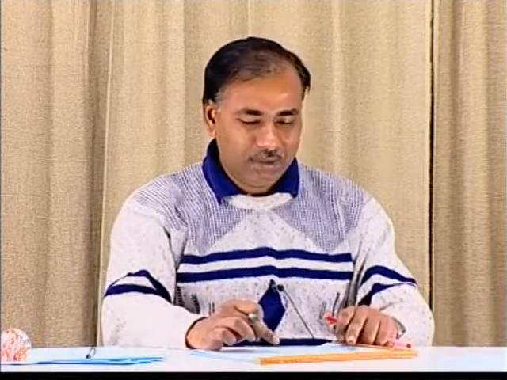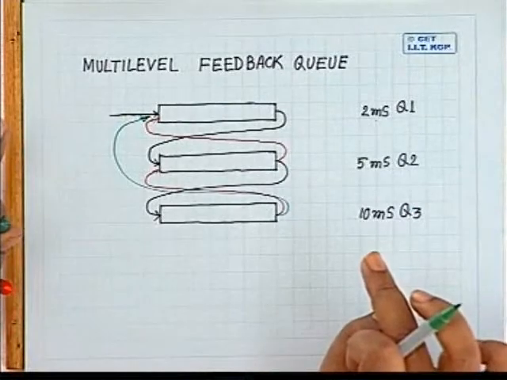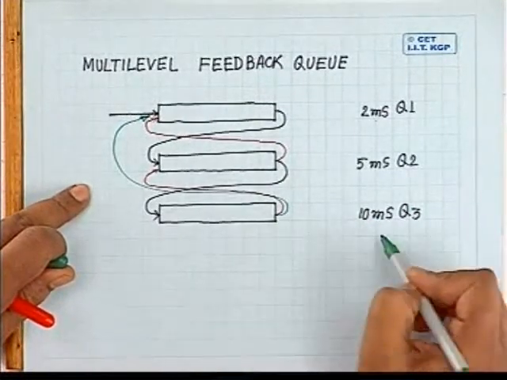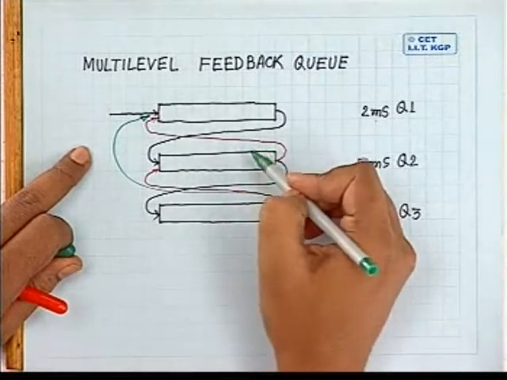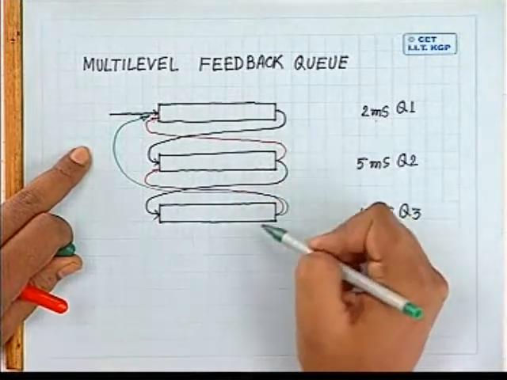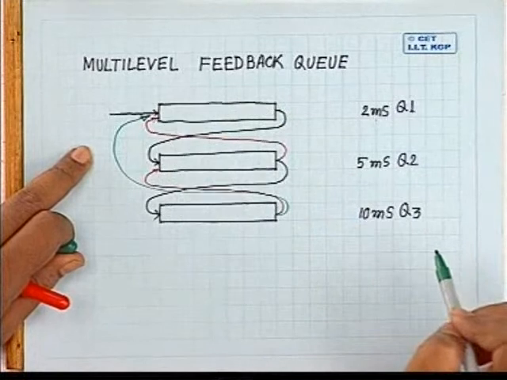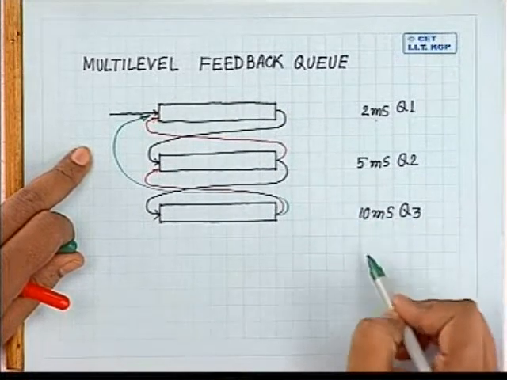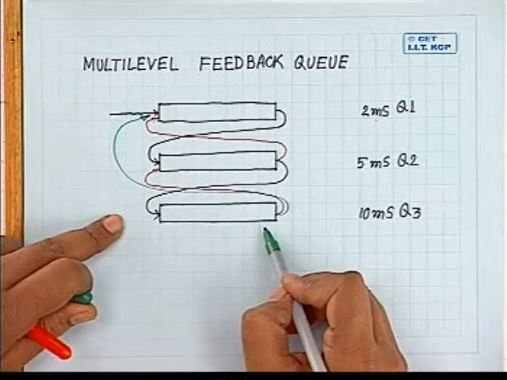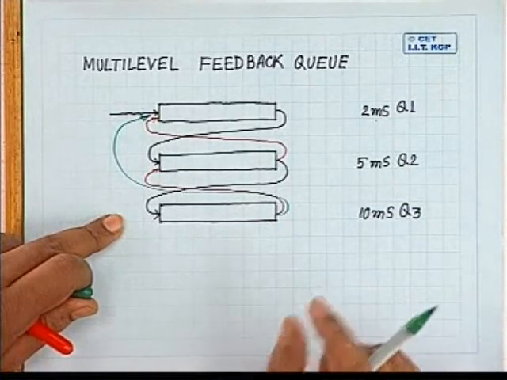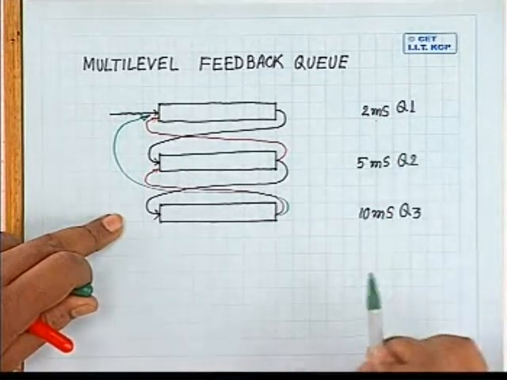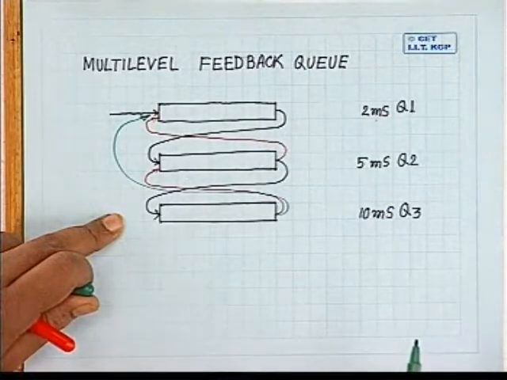Whenever you switch over the job from one state to another state, you also have a context switching time. That will be reduced if I can place this job in the appropriate queue. So I can have both of these: from Q3 to Q2, I can also have Q3 to Q1. Both of these feedback connections may be present. So in queue number 3, if I can determine that it has executed a CPU burst whose time requirement was less than 2 milliseconds, I'll put it in queue number 1.